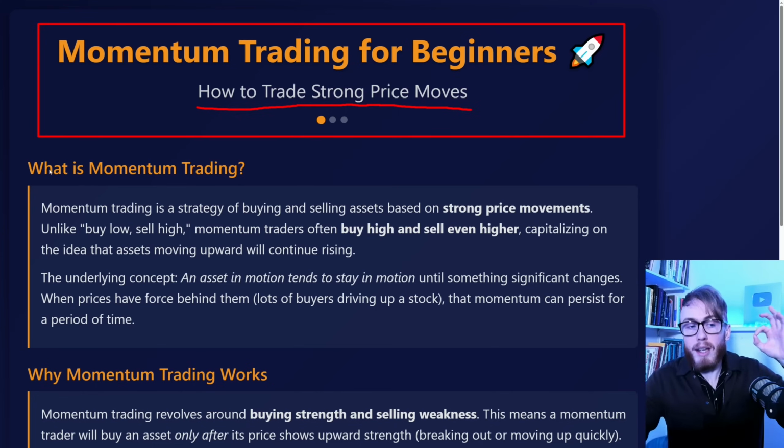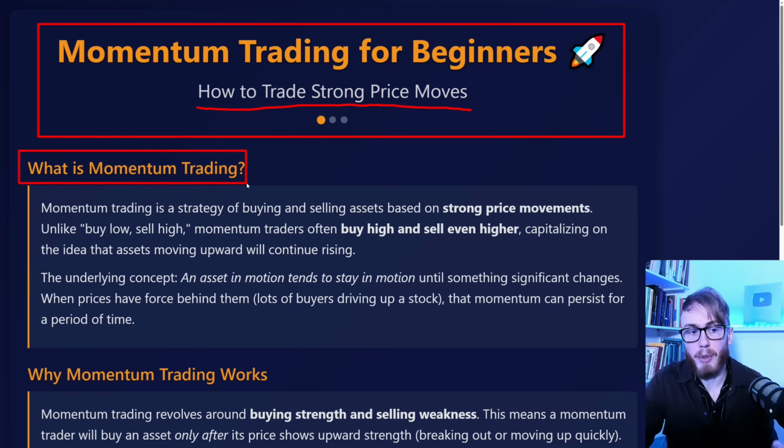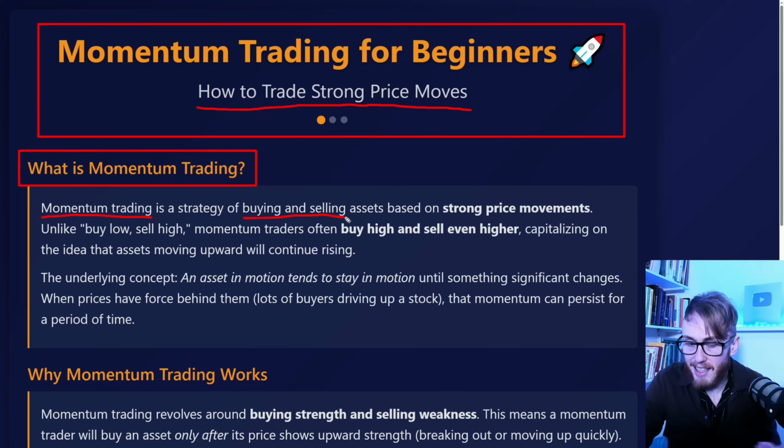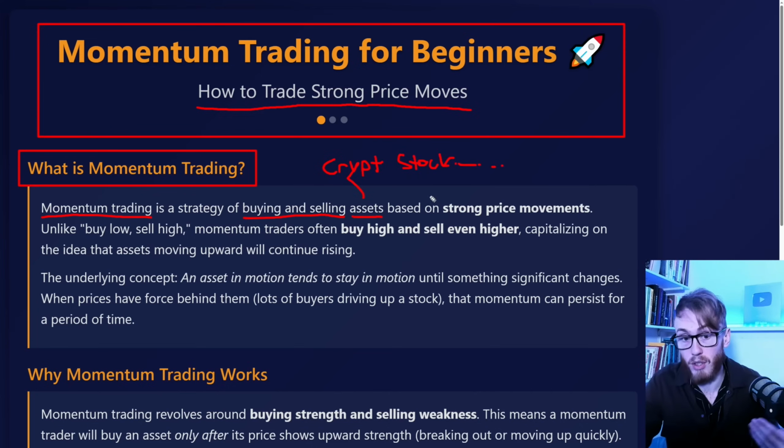But all right then, so let's begin here by answering the very important question: what is momentum trading in the first place? Well, momentum trading is a trading strategy of buying and selling assets. This can be, for example, cryptocurrency if you're trading crypto, but it can also be stocks. It can be Forex, even gold, and so on and so on.